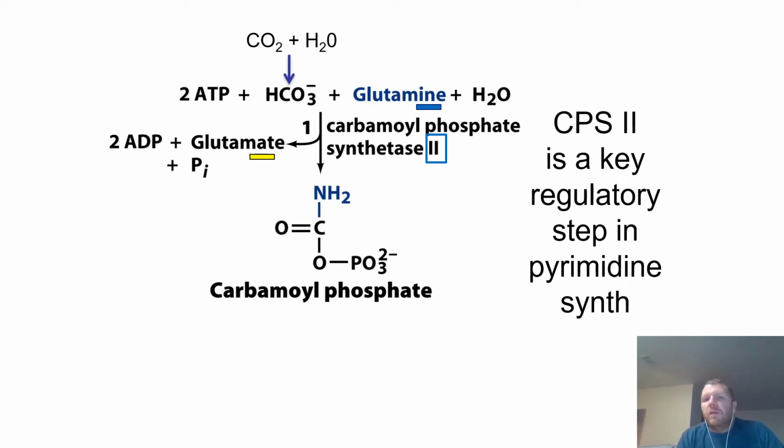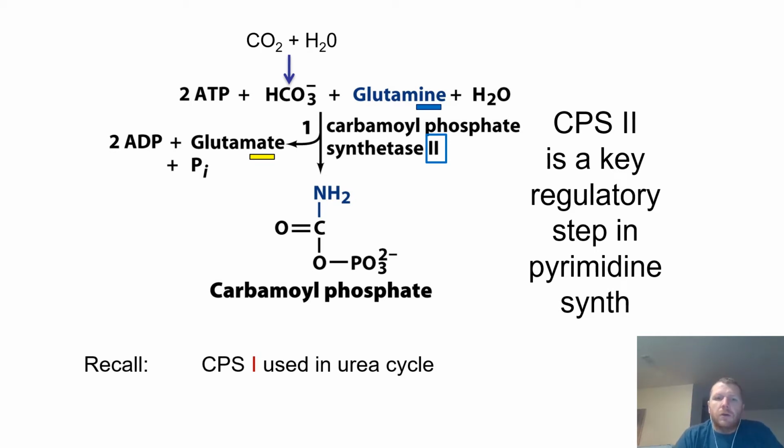Now, we've already seen carbamoyl phosphate synthetase because that was our first step in the urea cycle. CPS1 was the first step that we used to put together our carbamoyl phosphate molecule from the nitrogen, or the NH3, that we got from our glutamate.